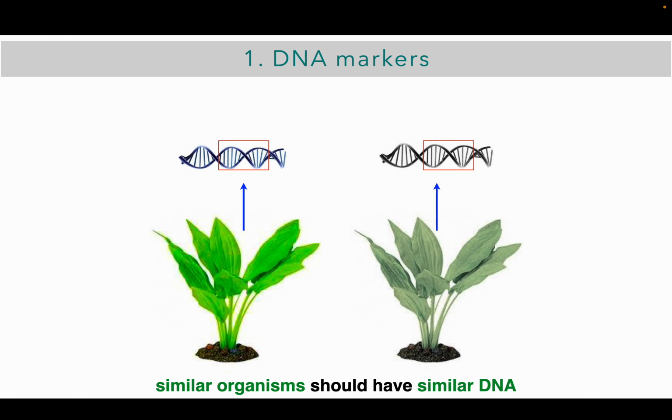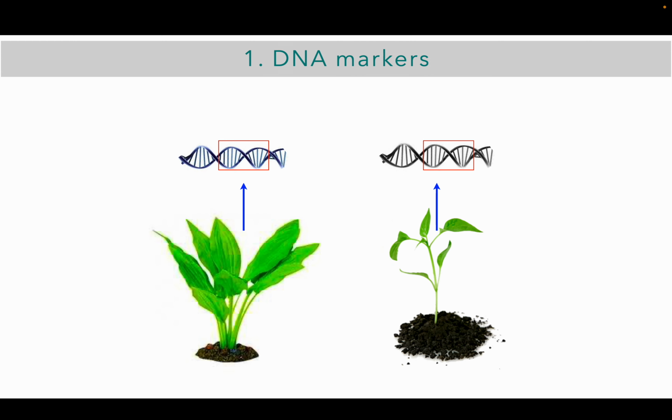So if plants or any animal or species are similar, they should have similar DNA. And of course, if they're different things, like ginger and mung beans, then they should have different DNA. That's the idea, and all the ideas surrounding using DNA markers come from this.